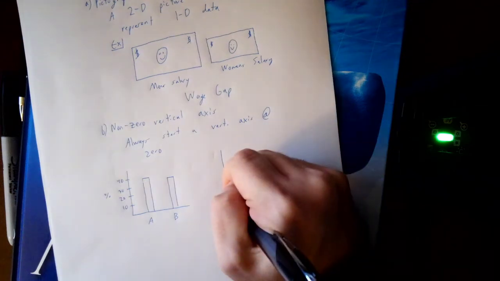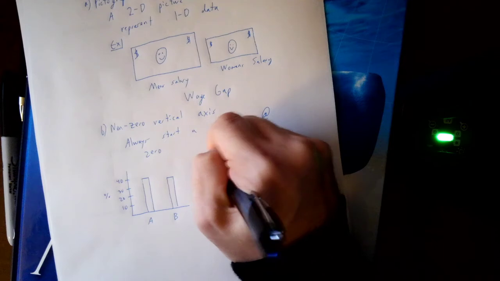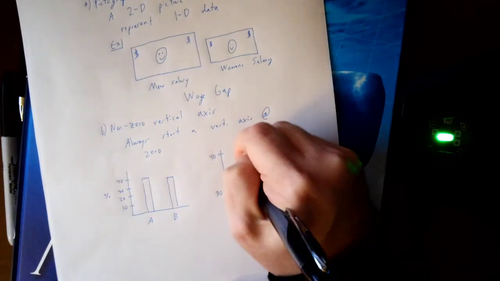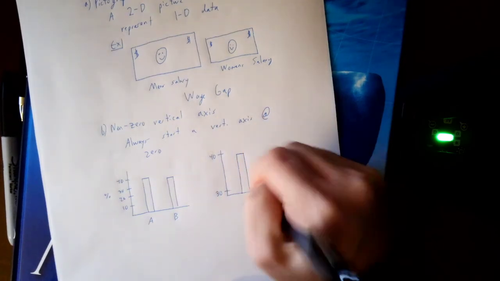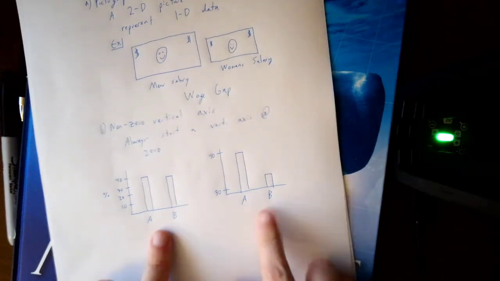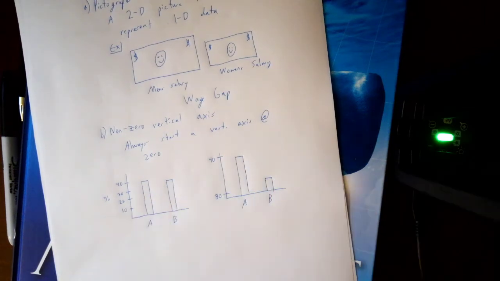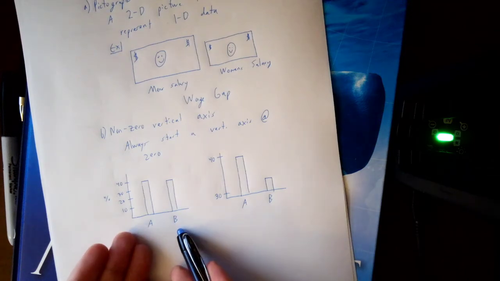Now here, I'm going to start at 30, and up here is going to be 40. Now A went pretty close to 40, and B went a little bit above 30. These two graphs technically tell me the same information, that A is just a little bit above B. But at a quick glance, in this one, they look close, which they are.